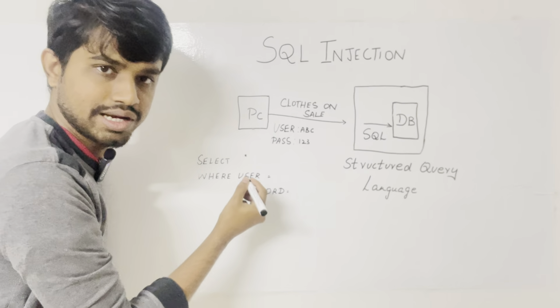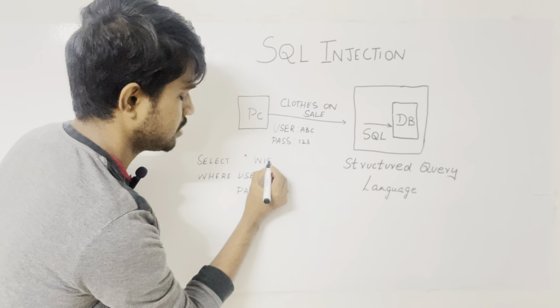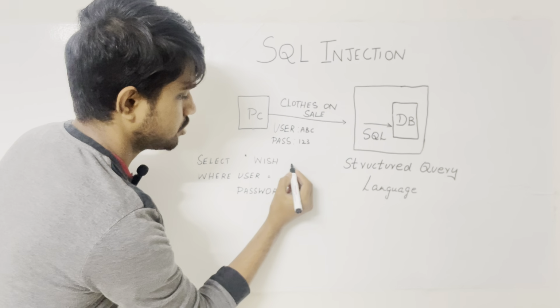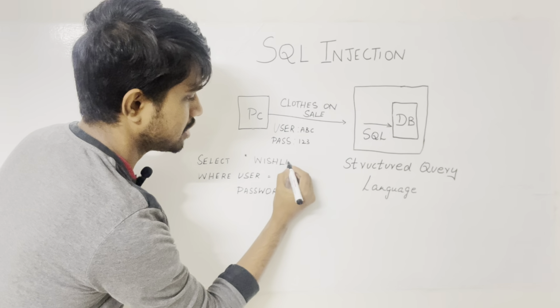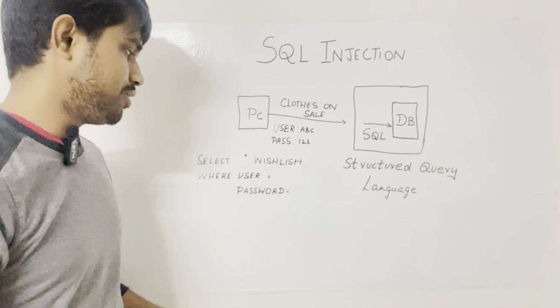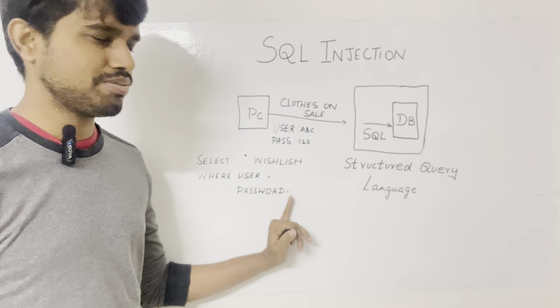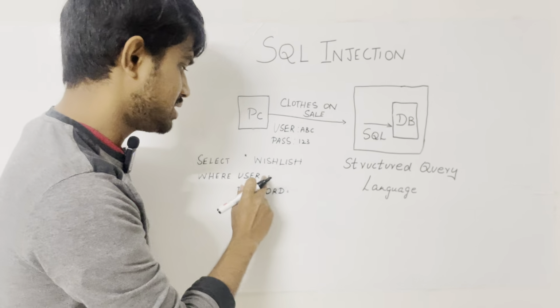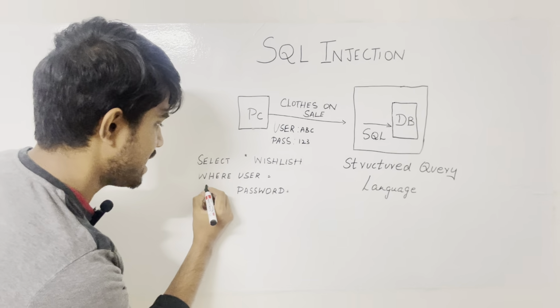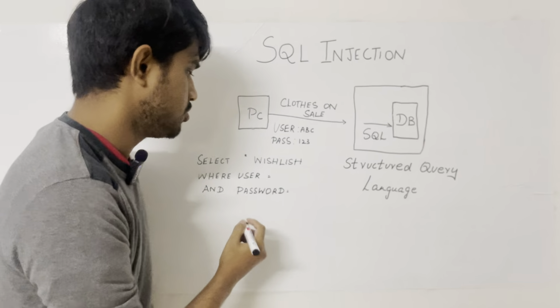For example, to make it a customized query for yourself, you can add it as wish list. So you are doing a select star from wish list, so it is your own wish list, and to let Myntra know who you are, you are sending username and password. So you will send where user is equal to and password equal to.